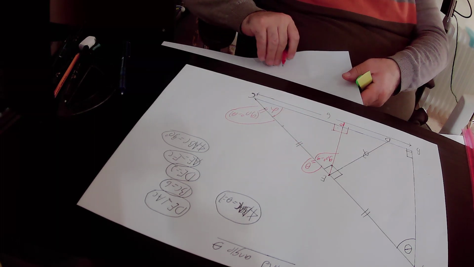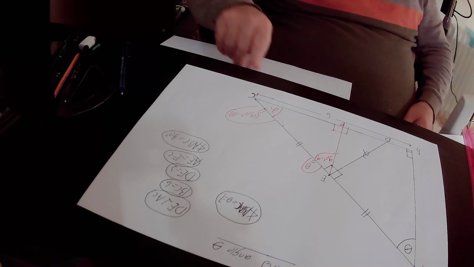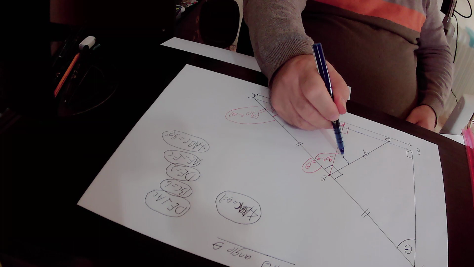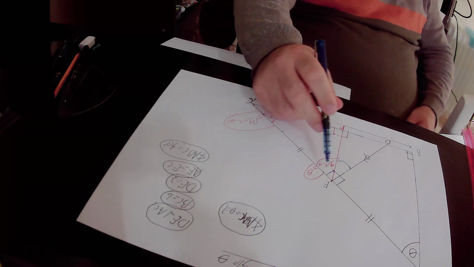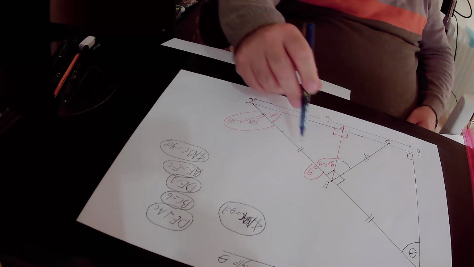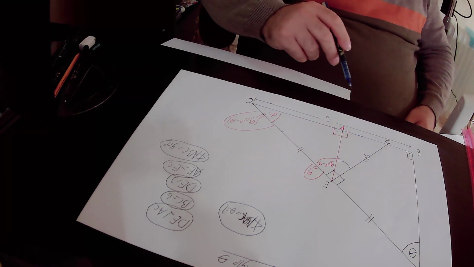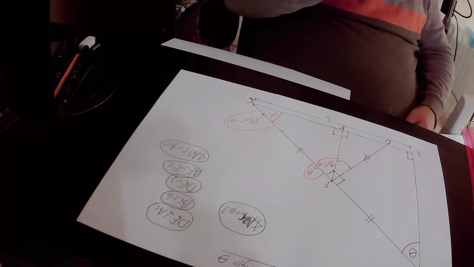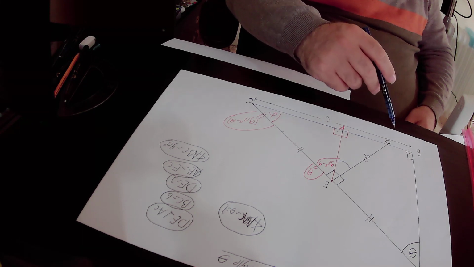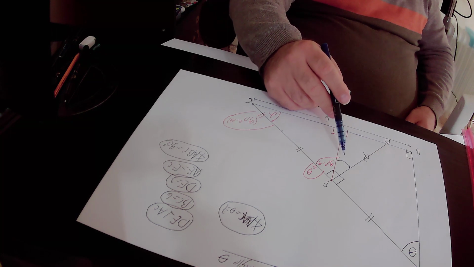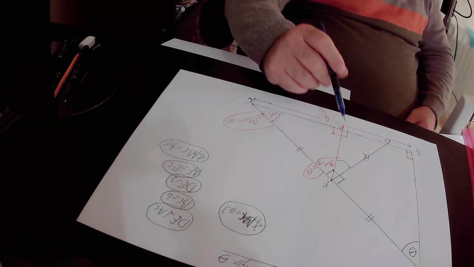And what is the size of this angle, angle DEF? Angle DEF equals angle DEC, the big angle, minus angle FEC. It is very simple to see from the drawing that the big angle, angle DEC, minus angle FEC will give us this angle that is actually angle DEF.